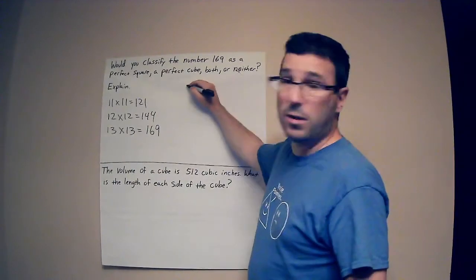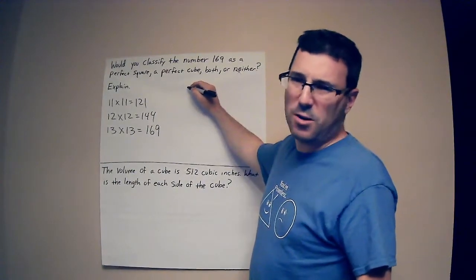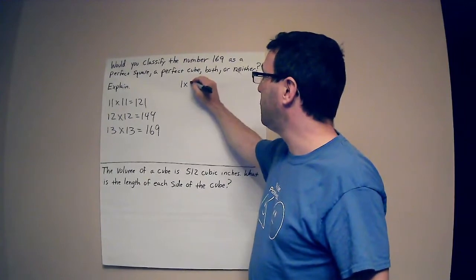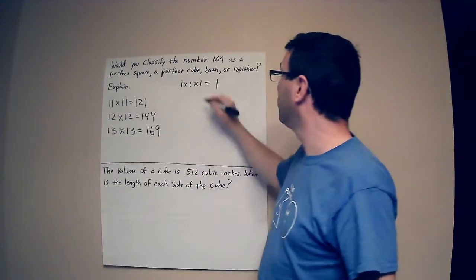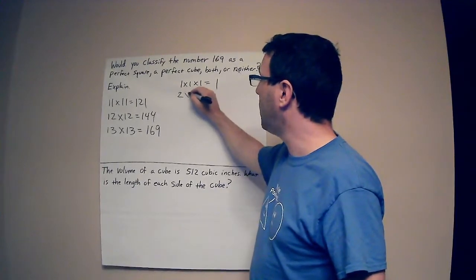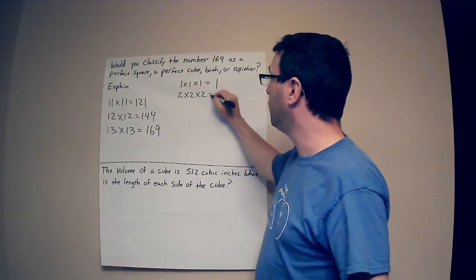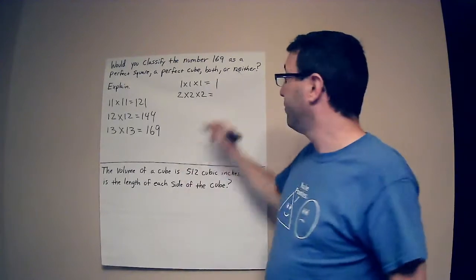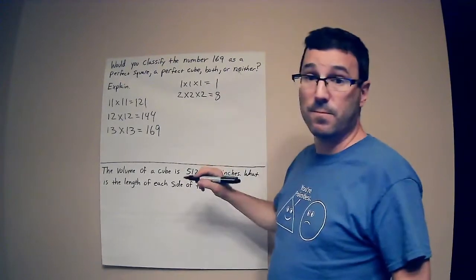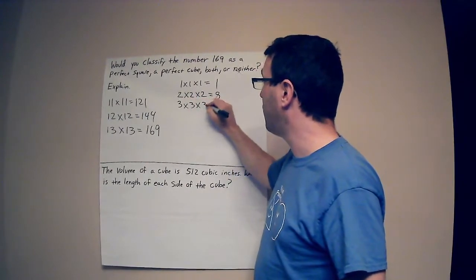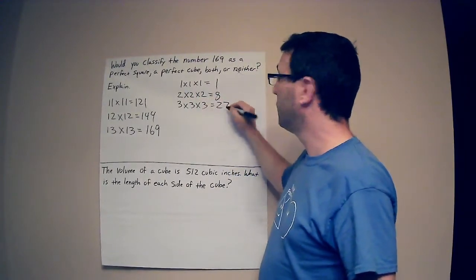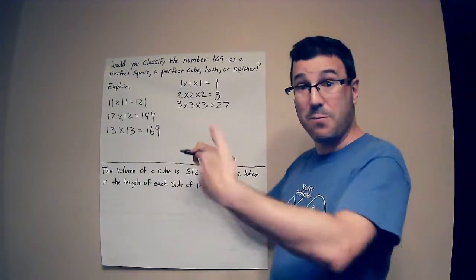So I'm going to start at 1, but we know that 1's not going to work. 1 times 1 times 1 gives me 1. 2 times 2 times 2, as we saw earlier, that's 8. 3 times 3 times 3, 27. So you see it's getting bigger much quicker.